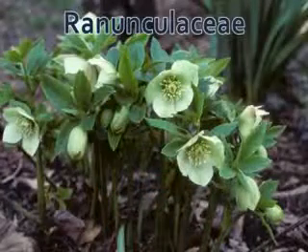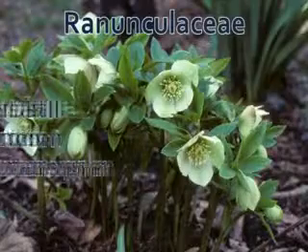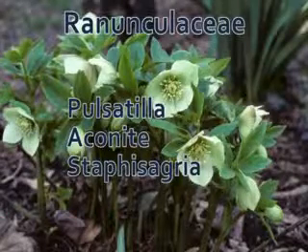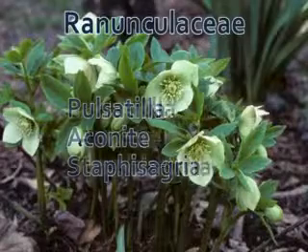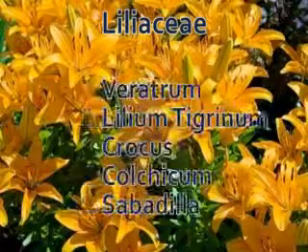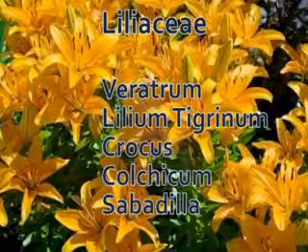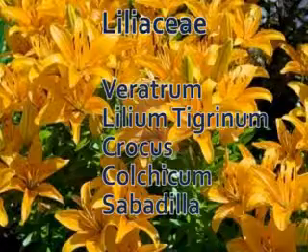For instance, the Ranunculaceae family, containing well-known remedies like Pulsatilla and Aconitum, aconite, and Staphysagria, or the Liliaceae family with Veratrum, one of our well-known remedies, Lilium tigrinum, Crocus, Colchicum, Sabadilla, and many others.